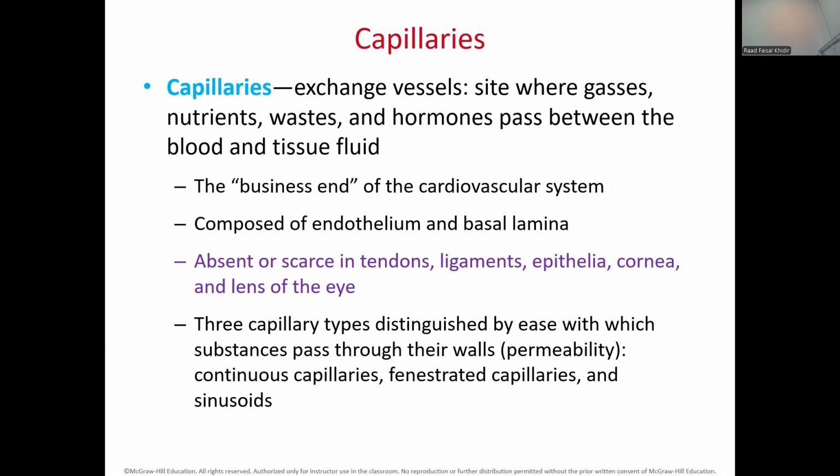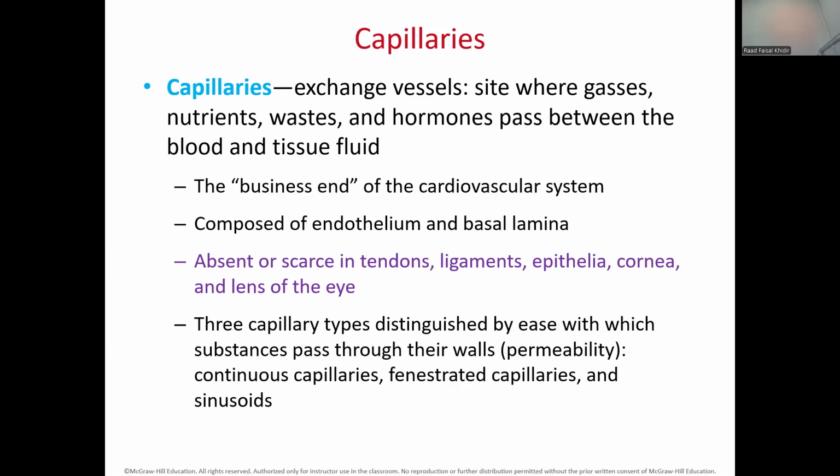They are composed of endothelium and basal lamina, and they are absent or scarce in tendons, ligaments, epithelia, cornea, and in the lens of the eye.